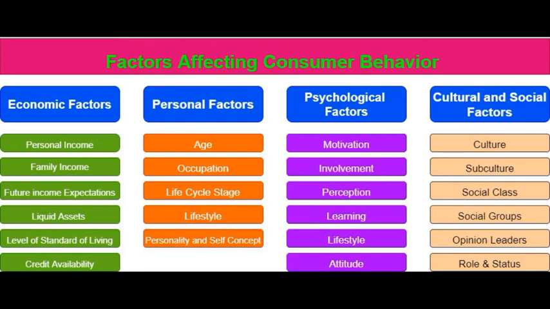They may be experts in the field, or they may be people who have used those products. So, they also influence our decision. And last is role and status. What role does an individual play in the society? What status does he enjoy because of his job, because of his financial capacities, and so on?